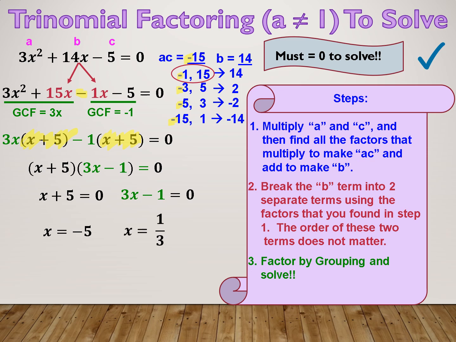That means x equals 1/3. So my solutions are x equals negative 5 and x equals 1/3. We can plug them back in to check them, which is always a good idea. And when I plugged them back in to check them, I found that they worked. So my solution says x equals negative 5 and 1/3.